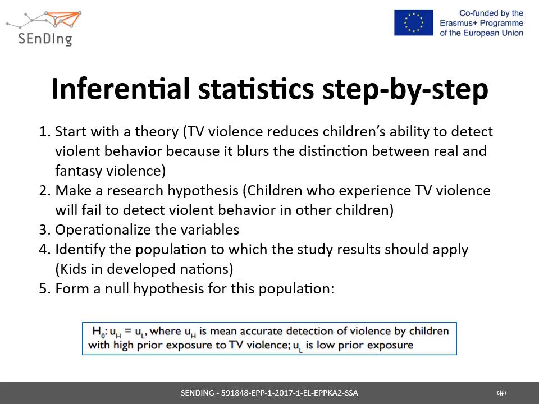Operationalize the variables. 4. Identify the population to which the study results should apply. For our case it could be kids in developed nations. 5. Form a null hypothesis for this population. For our example, the null hypothesis can be formatted as in the formula that follows.